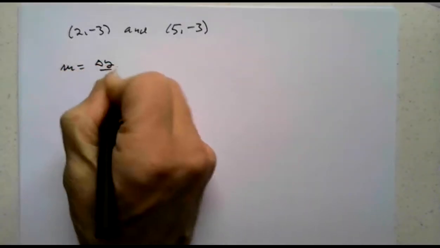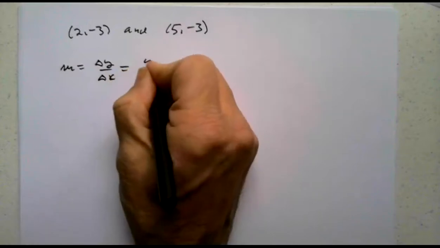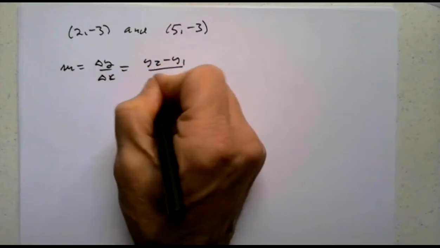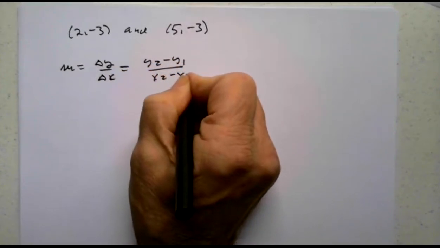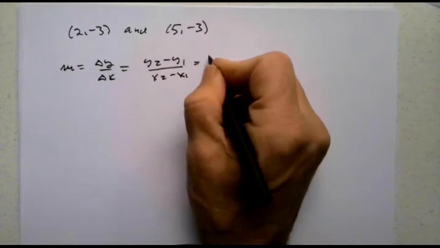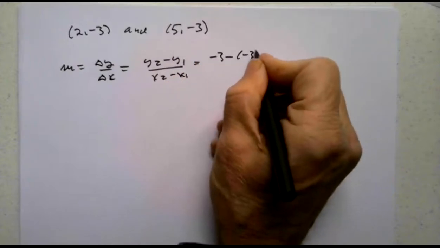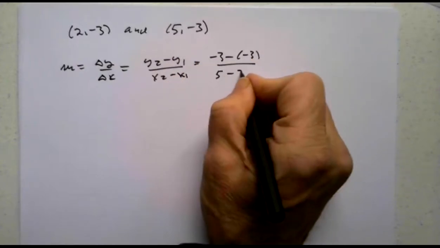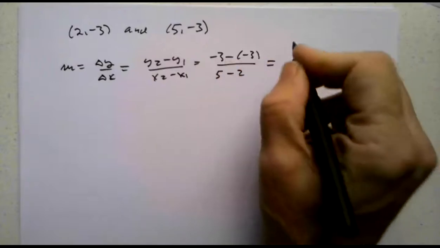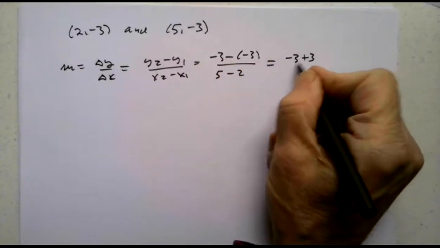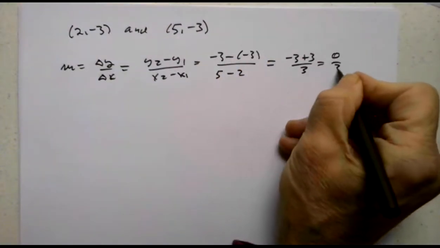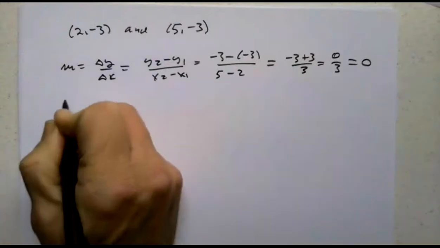Slope is change in y over change in x, or for emphasis, I'll even say, fine, y2 minus y1 over x2 minus x1. y2, -3 minus y1, -3 over x2, 5 minus 2. -3 minus -3 is -3 plus 3 over 3, which is 0 over 3, which is 0. Slope is 0.